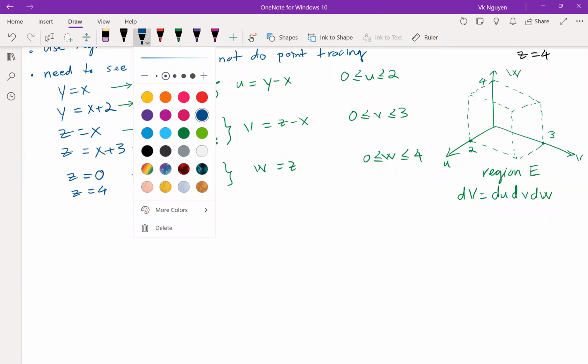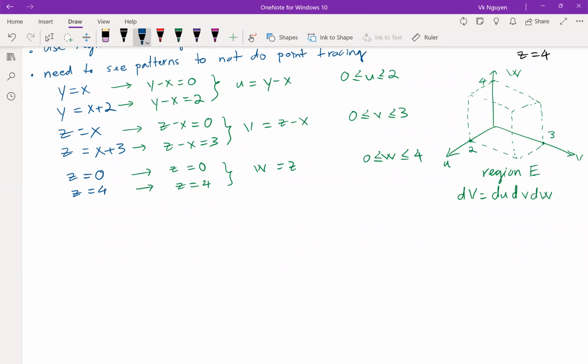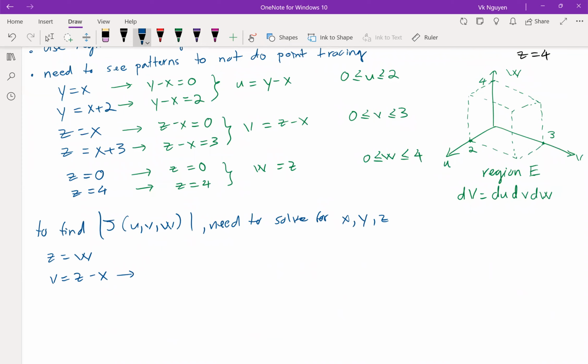Now, u, v, w. Okay, so we know that z is equal to w. That takes care of it. From v equals z minus x, we know that x equals z minus v, so x equals w minus v.